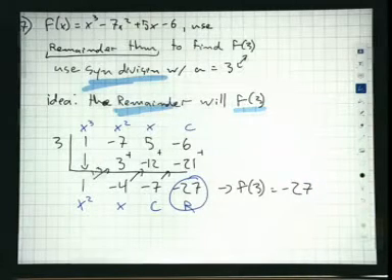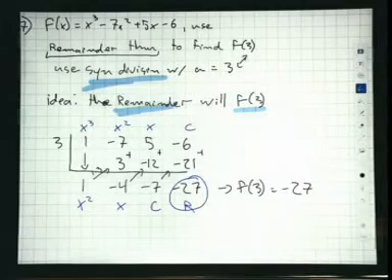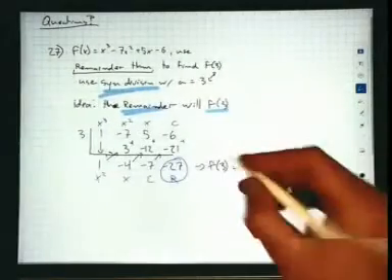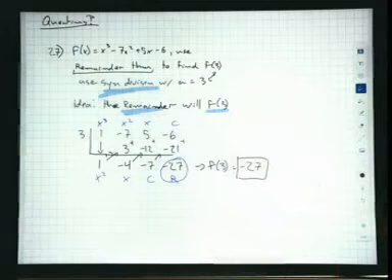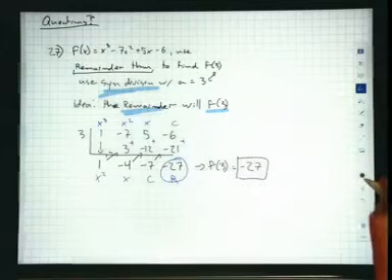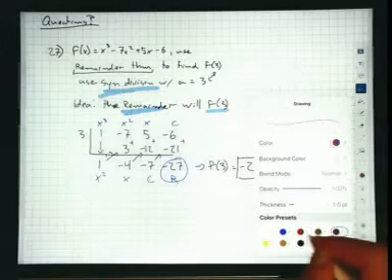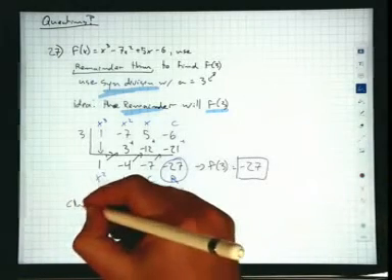F at 3 is equal to a negative 27. Now, this is what I want to see for full credit here. Now, by all means, check your work. I hope I got this right.